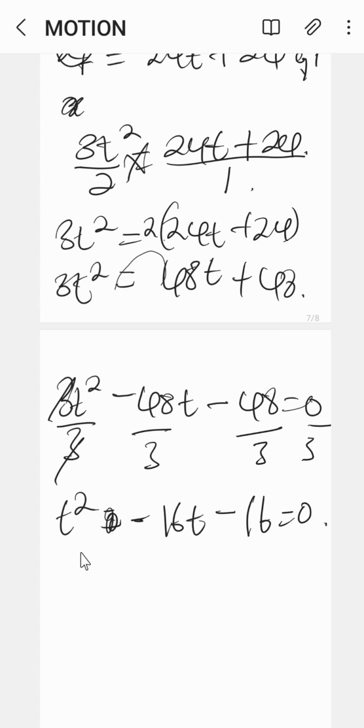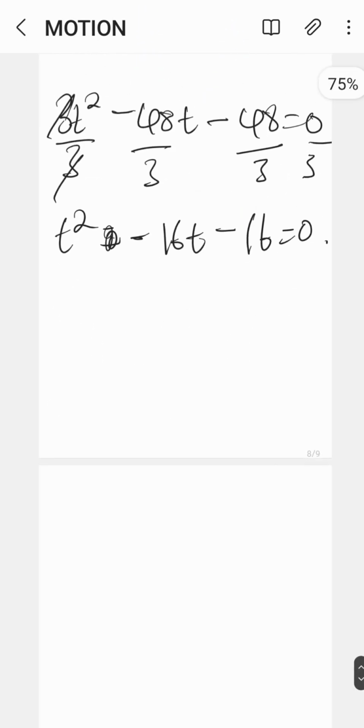Now that you have that, you can either use sum and product, or you can go with the typical quadratic equation, which always gives you a value, whether you have factors or not. This is a, this is b, this is c.